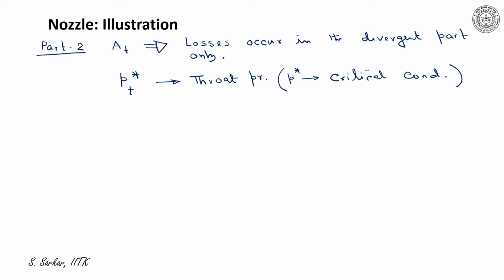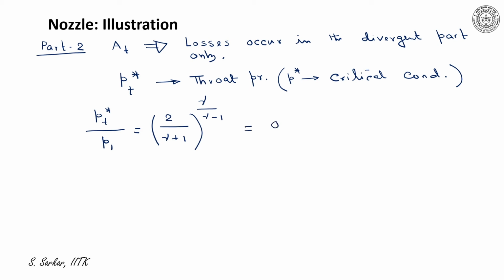I know the relation that PT star divided by P1 is equal to (2 divided by gamma plus 1) to the power gamma by gamma minus 1. I know the value of gamma, so I can evaluate the ratio here.